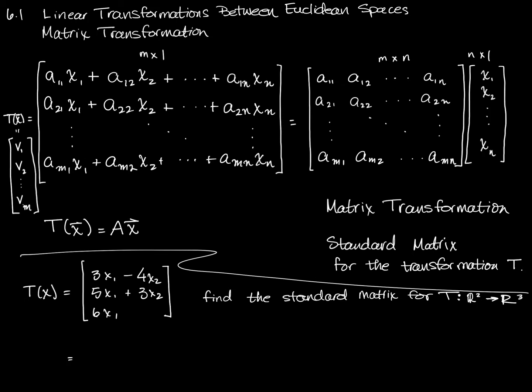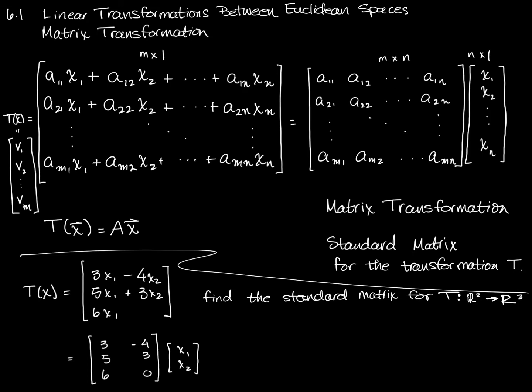T of x equals the matrix 3, -4, 5, 3, 6, 0 times x1, x2. Now, if I take this row and this column, 3 times x1 plus negative 4 times x2, I would get this row here. 5x1 plus 3x2 gives me this row, and 6x1 plus 0x2 gives me this row.